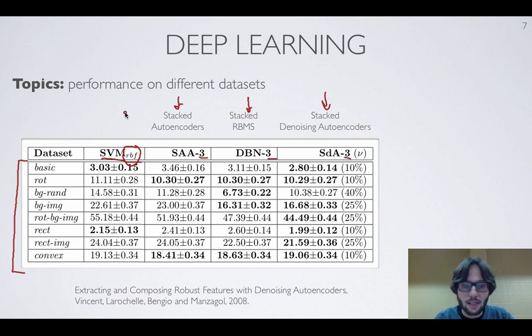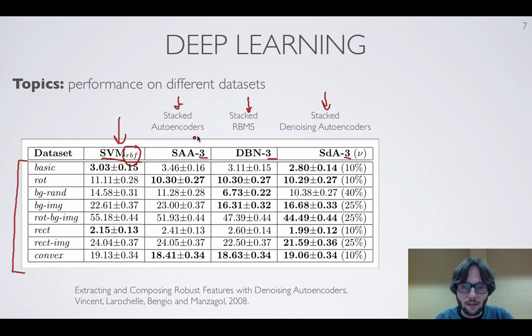So the first thing we see is that deep neural networks, either what I call DBN here, which is really just a stack of RBMs for pre-training, or stacked denoising autoencoders, tend to do better than using an SVM, which corresponds to a very good but shallow classifier, and so not a deep classifier.